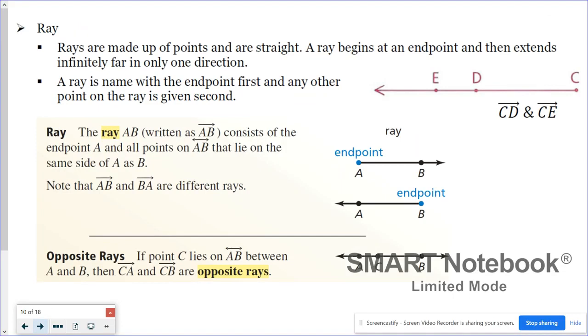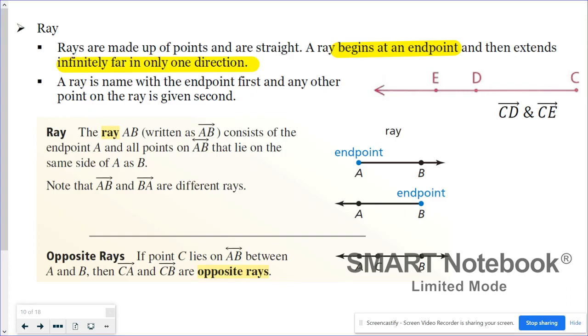Rays are also made up of points and are straight. A ray, imagine if a line and a segment met, fell in love, got married, and had a baby. That baby would be a ray because the ray begins at an endpoint and extends infinitely far in only one direction.